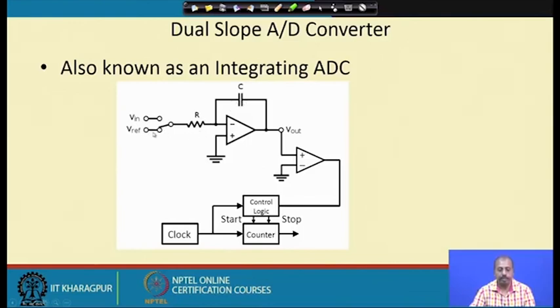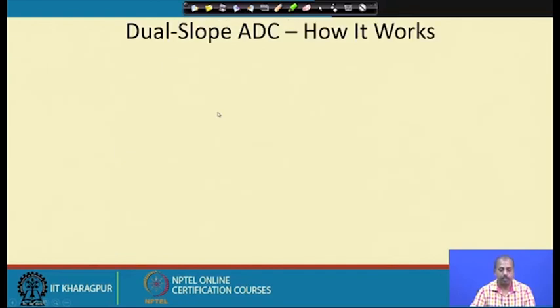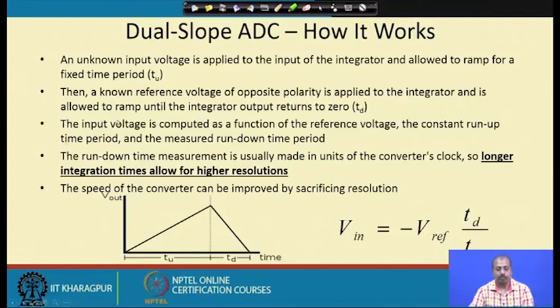If the Vin is positive, Vref is negative, so it will start discharging. Depending upon the value of Vref and the amount of charge this capacitor has, it will take some amount of time to get discharged. So, this is the time Td.